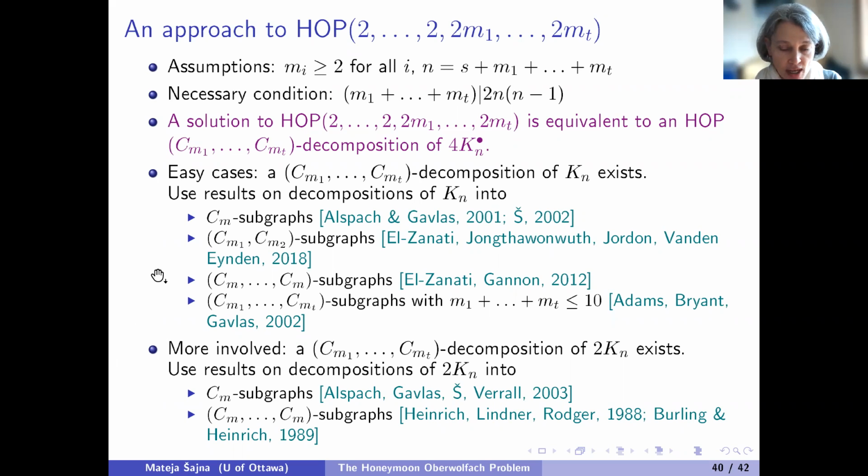And there exist results on the uniform case. Here, of course, we'll also have to find appropriate 2-edge colorings of these decompositions into 2 regular subgraphs. And of course, there will be harder cases as well where neither of those exist, and we'll have to go straight into the 4-fold complete graph.